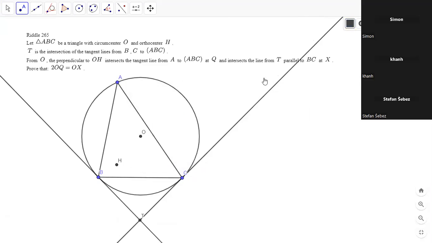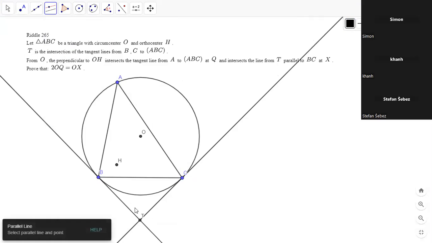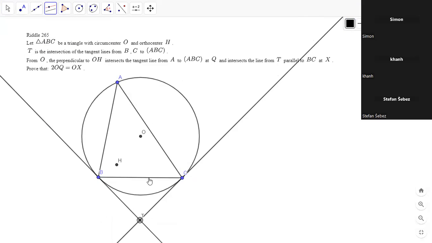Eventually it's going to ask us to draw the line parallel to BC through T. So we draw this.